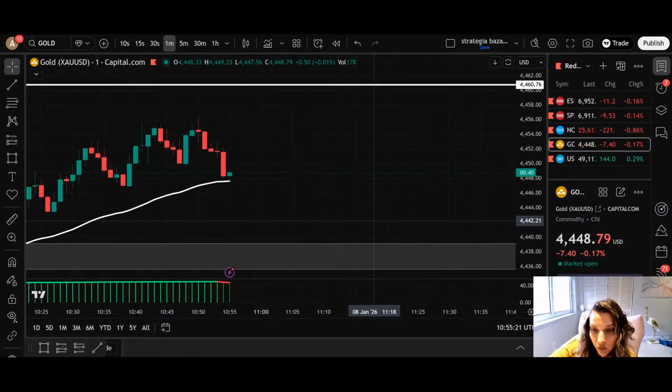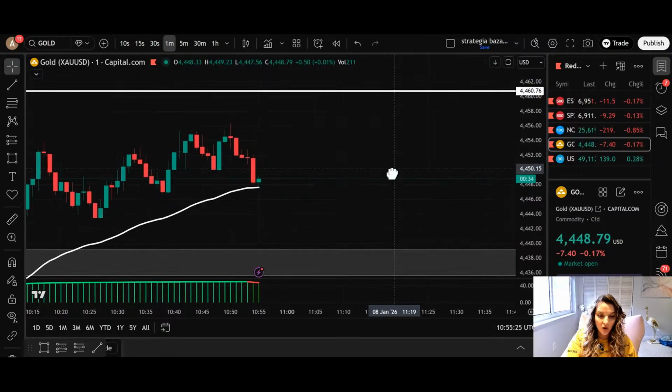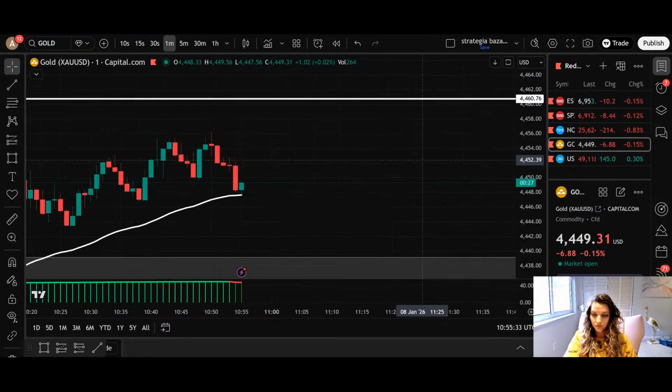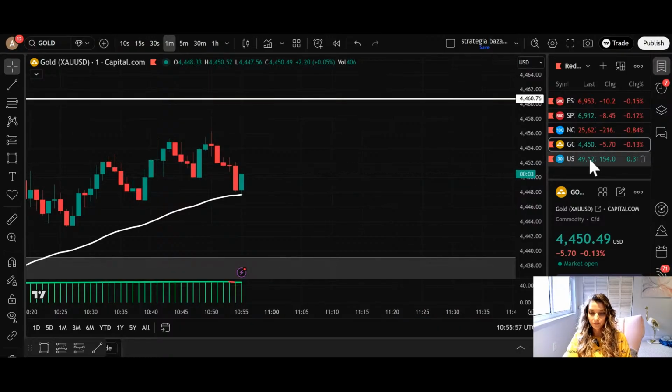I'm waiting for this candle to close, mark the high, and if the price breaks that, I can go for a short scalp. For 9137.